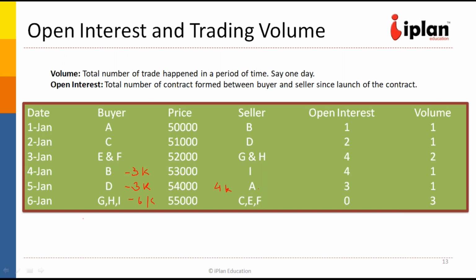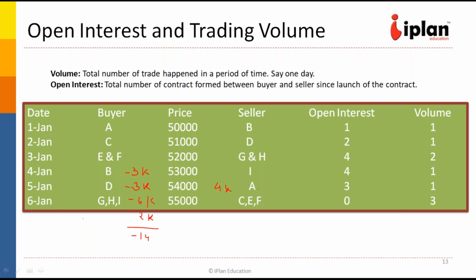And I, this guy sold at 53,000, the price went to 55, so he incurred a loss of around 2,000. So here the total comes to around 6 and 6, 12, and 2, 14,000. So these guys lost 14,000.